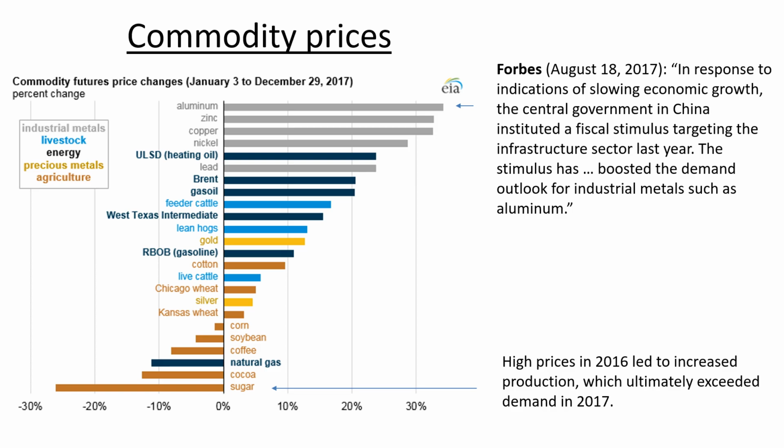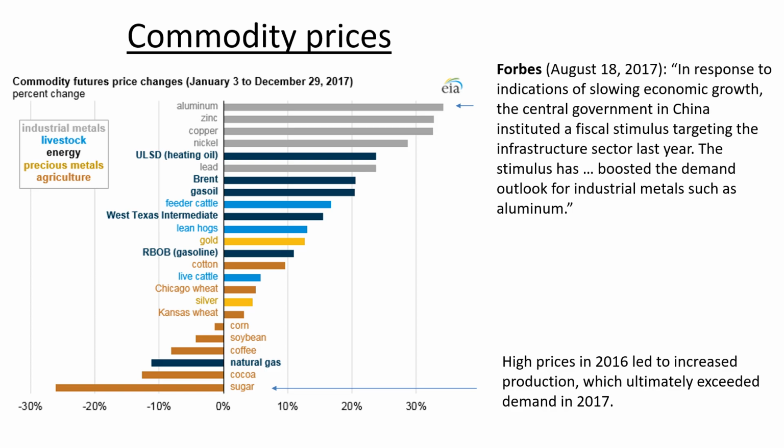Commodity prices. This is showing just the year on year from within 1 year. I found this nice graph from 2017 that showed the effect of a couple of world events on price changes. So aluminum prices went up within 1 year by more than 30% because of some stimulus spending in China.